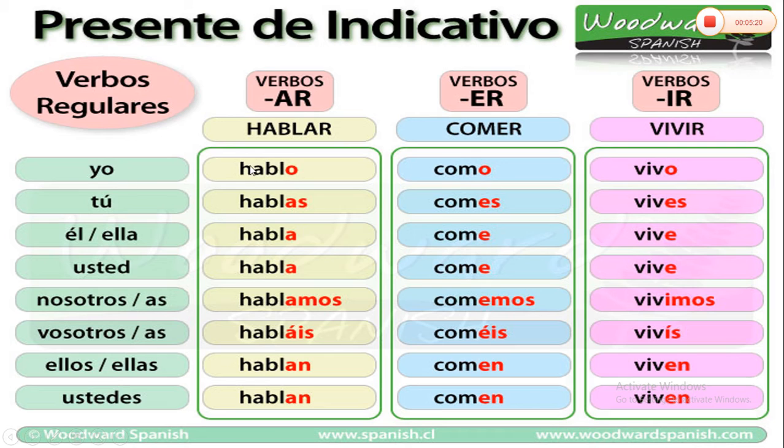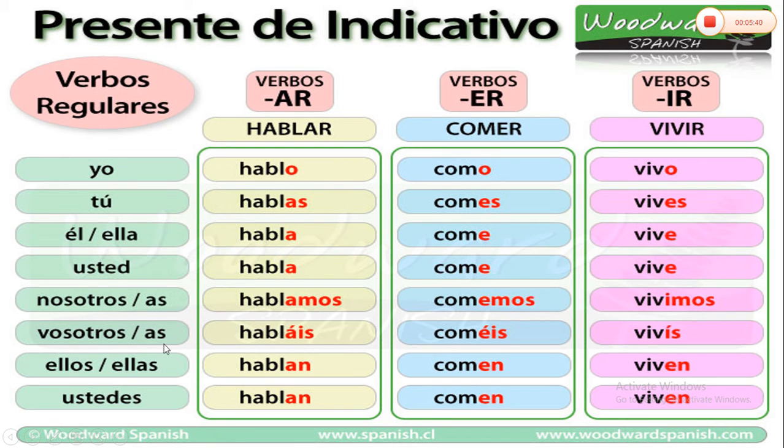So yo hablo, I speak. Tú hablas, you speak. Él, ella habla, he, she speaks. Usted habla, you speak, as a formal. In Hindi, आप. Nosotros, nosotras hablamos, we speak.